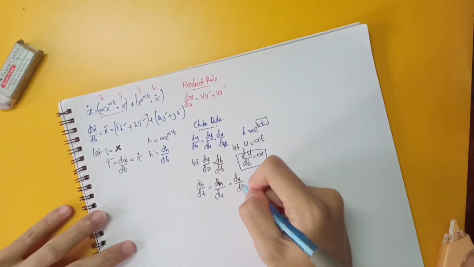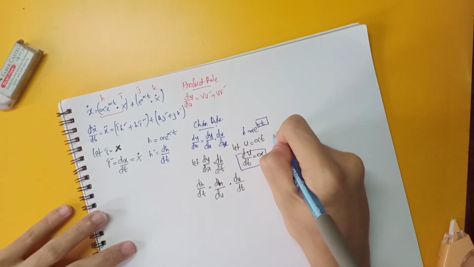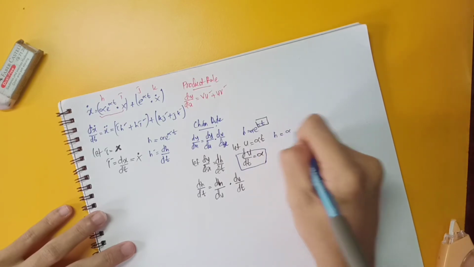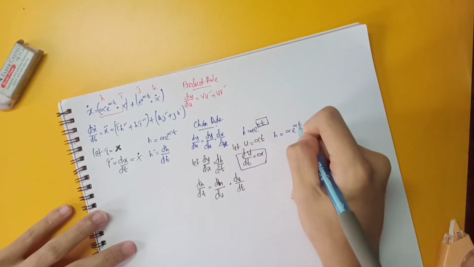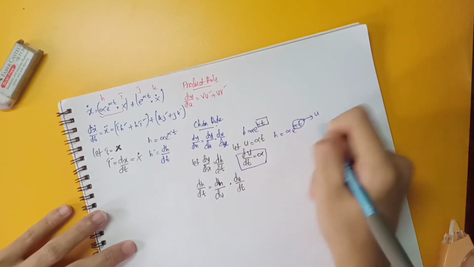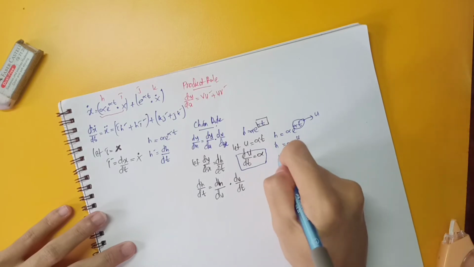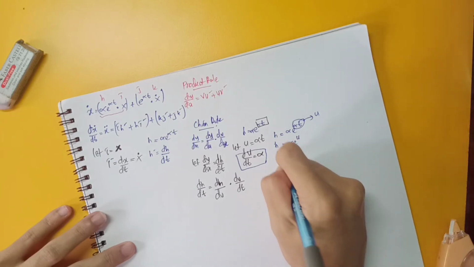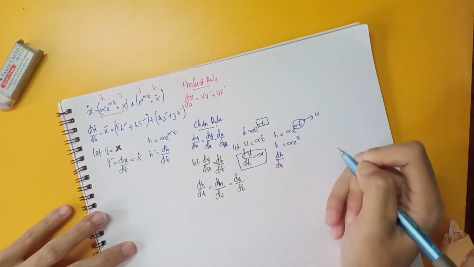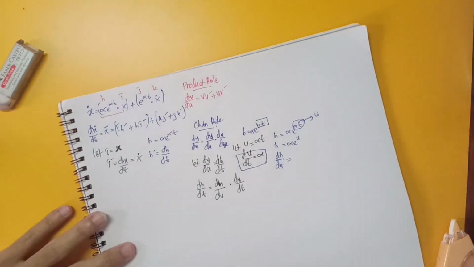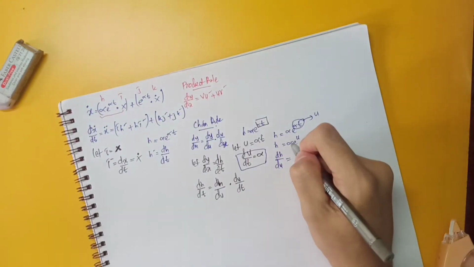Now let's look at the h. We know that h is equal to alpha e power of alpha t, and we know that alpha t is equal to u. So h equals alpha e power of u. So we want to differentiate h with respect to u. This one here can be ignored.